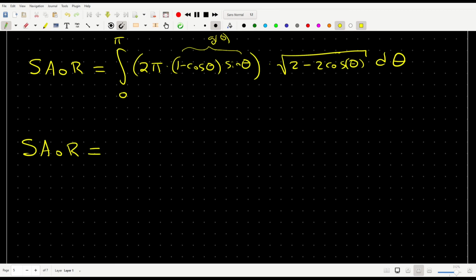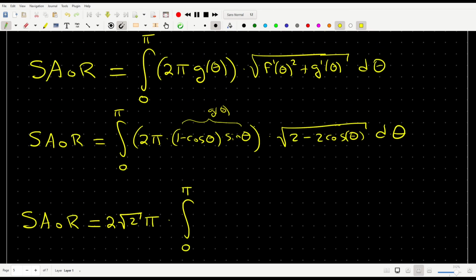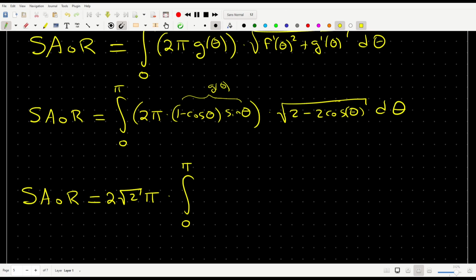I also have a 2 that I can factor out of both of these terms, so I'll get a square root of 2 on the outside. 2 root 2 times pi times the integral from 0 to pi of, when I factor out the 2 here and pull the root 2 out, I get 1 minus cosine theta times the square root of 1 minus cosine theta, or 1 minus cosine theta to the 1/2, times sine of theta d theta.